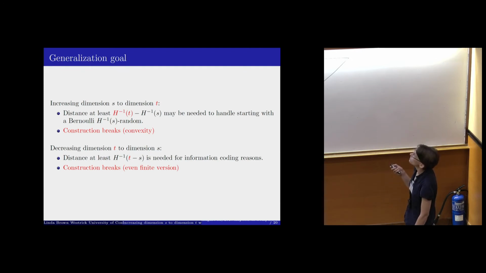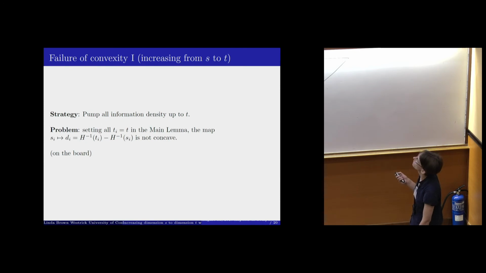All right, but let's look at this argument that we had and what breaks about the convexity when we try to raise to dimension t instead of raising fully to dimension 1.